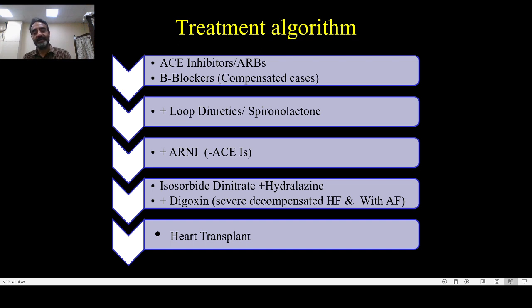When you are using ARNIs, that means you have to use angiotensin receptor blockers along with neprilysin inhibitors. So you have to stop the ACE inhibitor if you have used ACE inhibitors initially. Then there are nitrates and hydralazine in a specific set of patients, like African blacks.